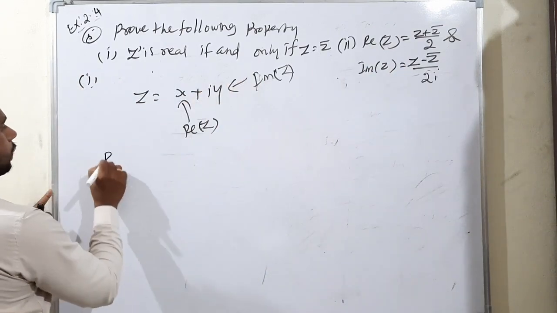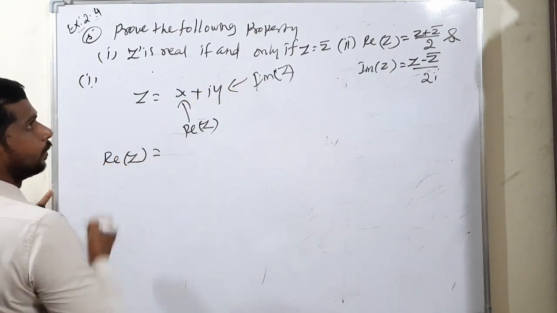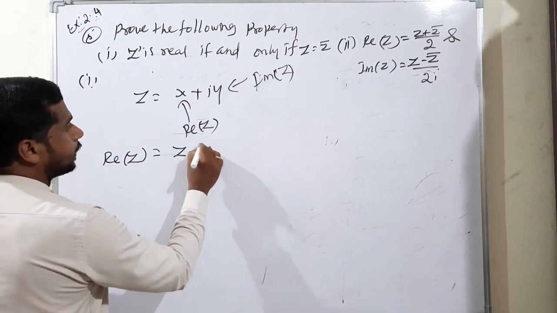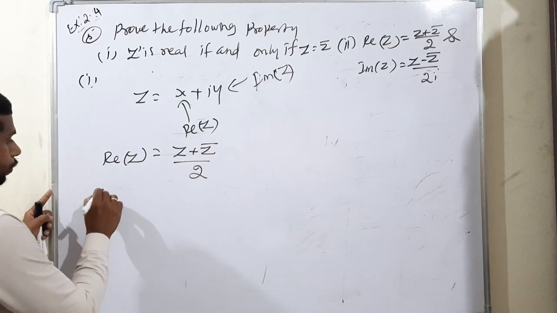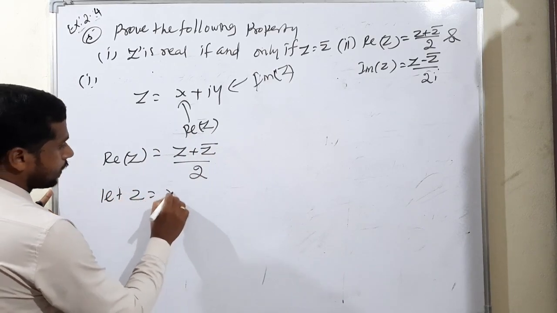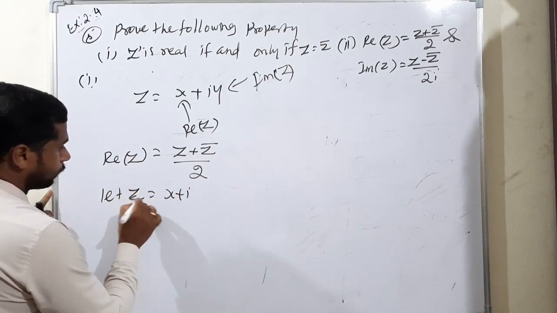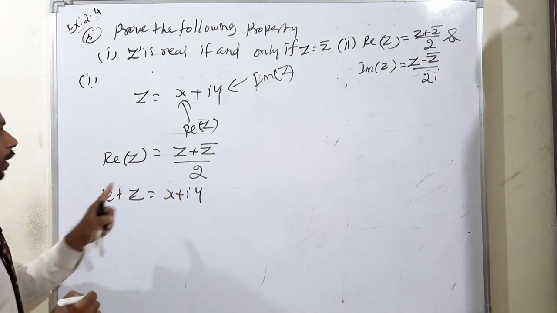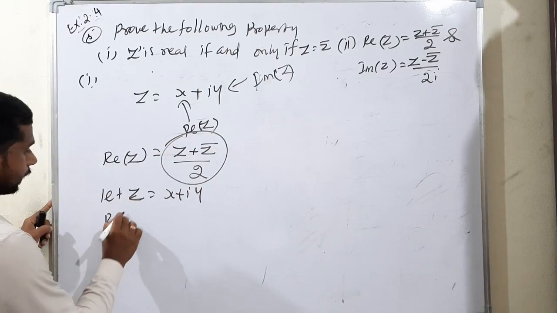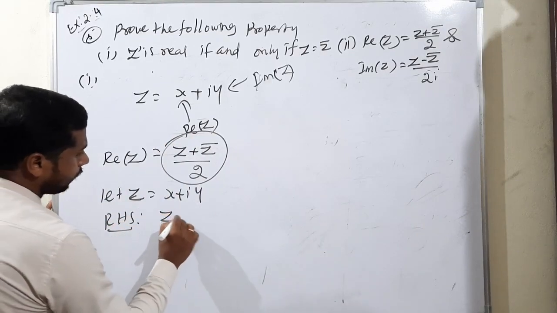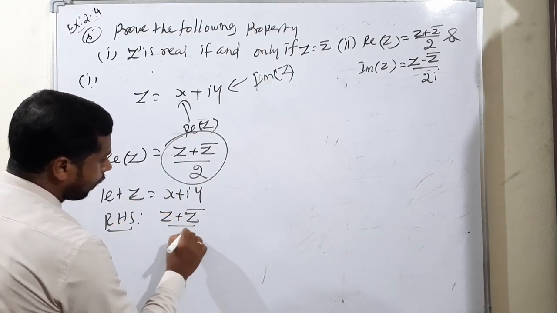What is the first part? Real of z is equal to z plus z bar by 2, isn't it? Let z is equal to x plus iy. I will consider only the RHS part. RHS is z plus z bar by 2.